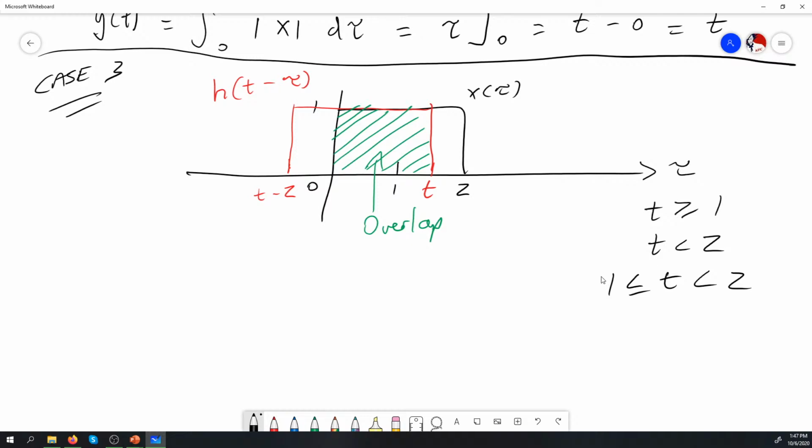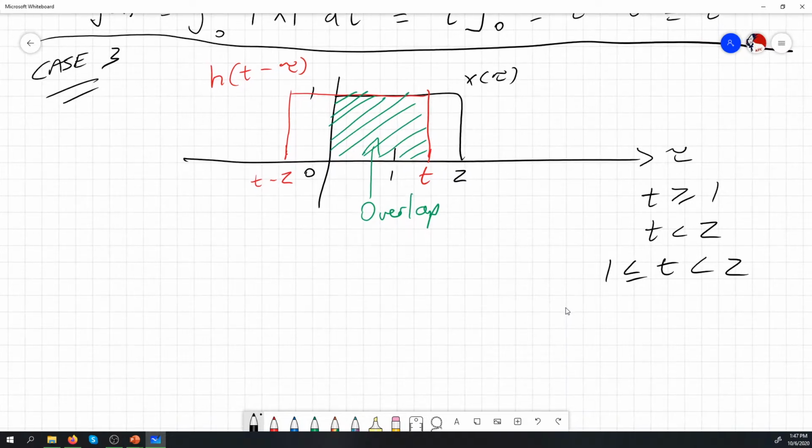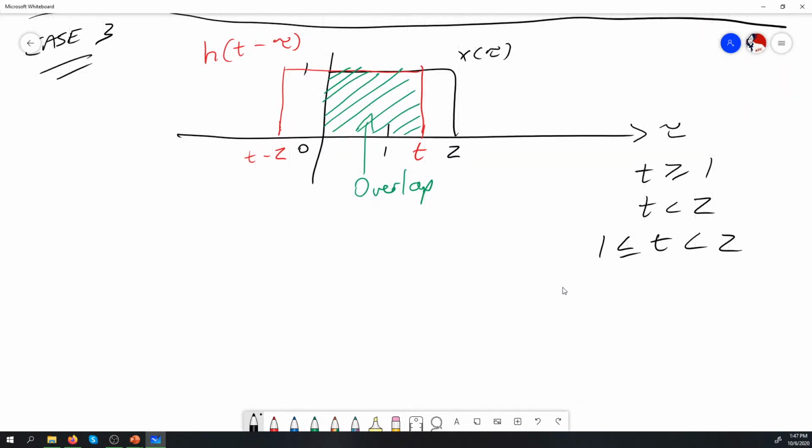So we see here, for each convolution case that we observe, the time range is always going to be a width of 1 unit. That's why we do the slides in this particular order, to make sure that the evaluation range is always a time width of 1 unit. So yes, the equation for case 2 is going to be valid for t from 0 to 2 rather than just 1.